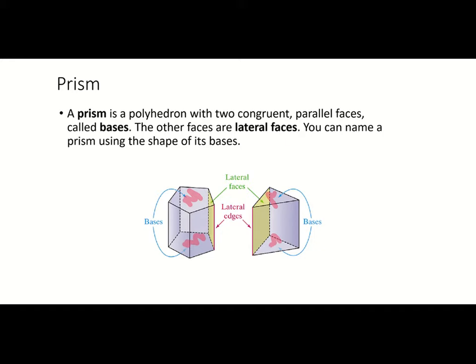And they're called lateral faces. And you name a prism by the shape of its bases. So for instance, here the base has 1, 2, 3, 4, 5 sides, so it's a pentagonal prism. And then here we have a triangle for my base, so it's a triangular prism.